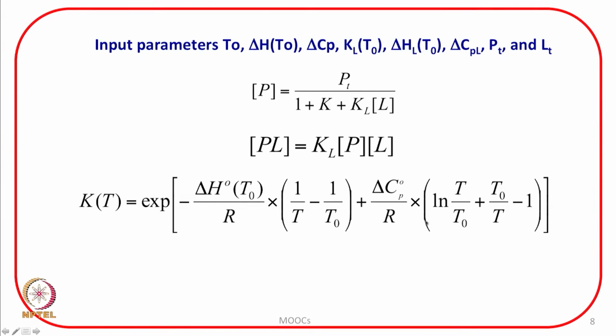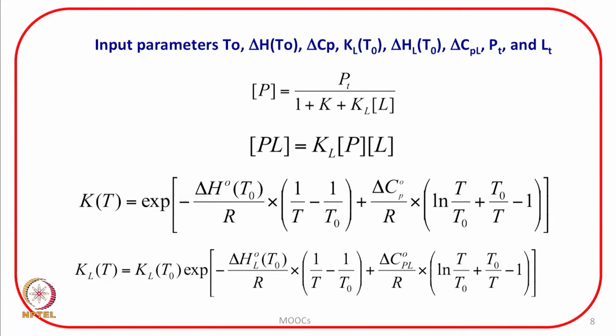These equations we have earlier discussed, and going a step ahead by using one of those two equations which I discussed in the beginning, I can write KLT is equal to KL T0 into exponential all these terms, regarding which I have already discussed how to get this.